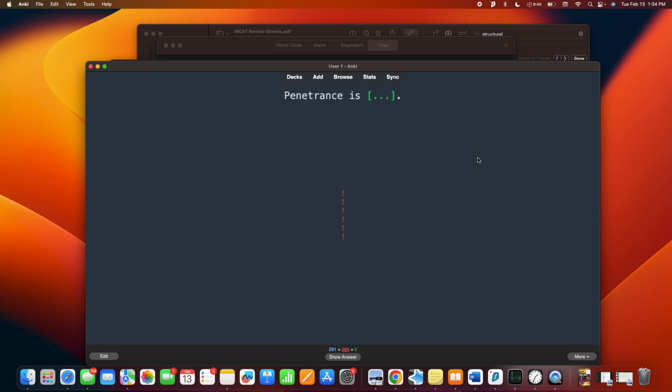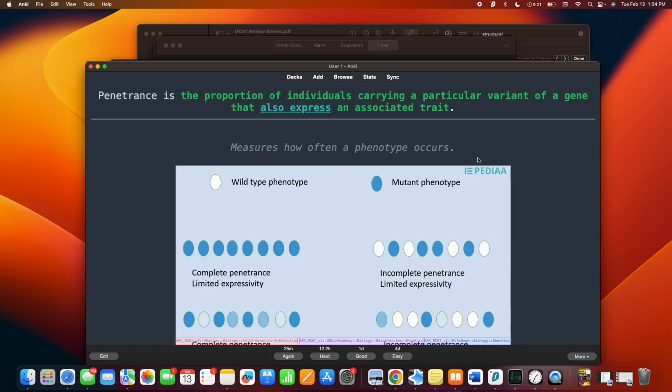Expressivity is the intensity, the degree of variability that you see in the phenotype. Penetrance is the proportion of individuals carrying a particular variant of a gene, an allele, that also express an associated trait.